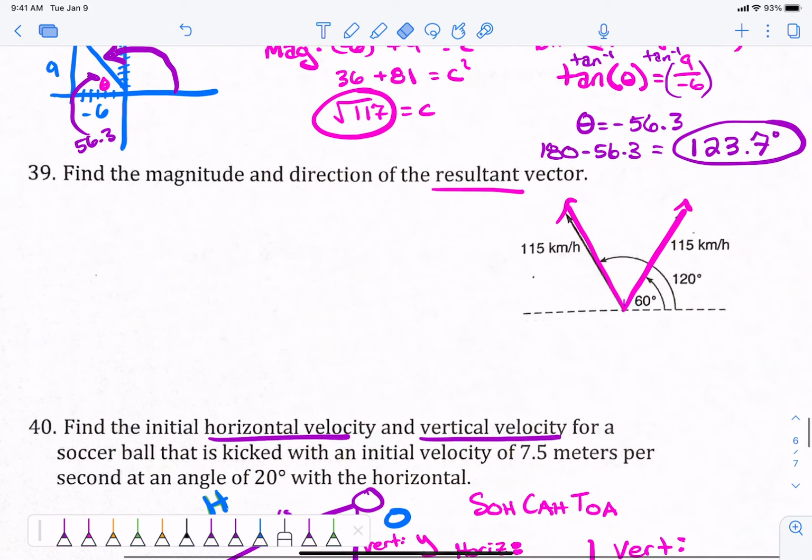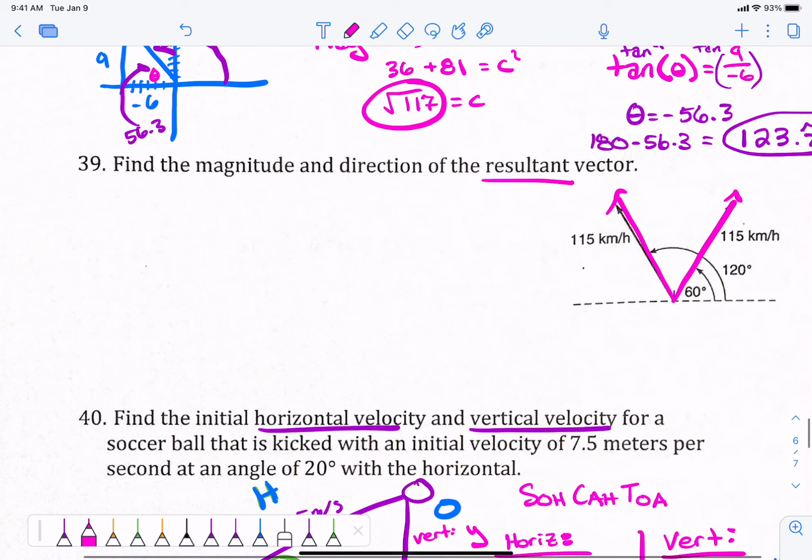But before we do that, I'm going to teach this to you a slightly different way that will hopefully make a little more sense. We're going to write each of these vectors out in polar form. Let's call this guy vector 1, and this guy vector 2.